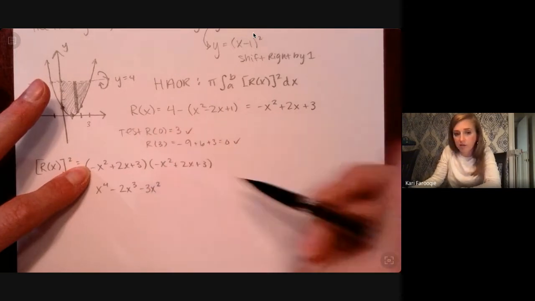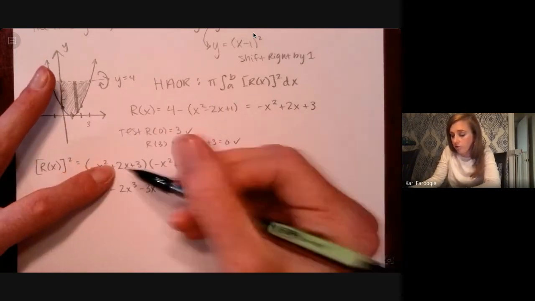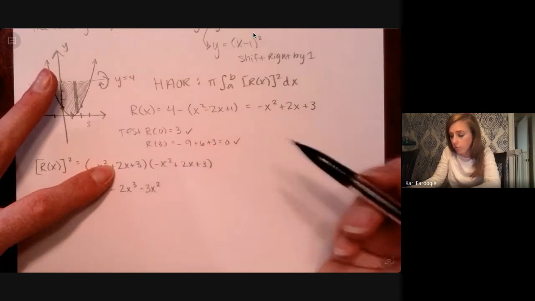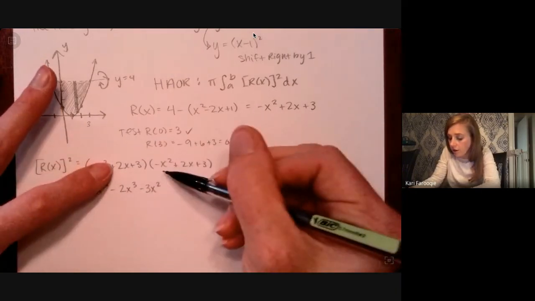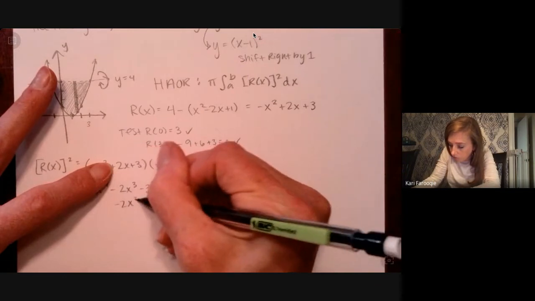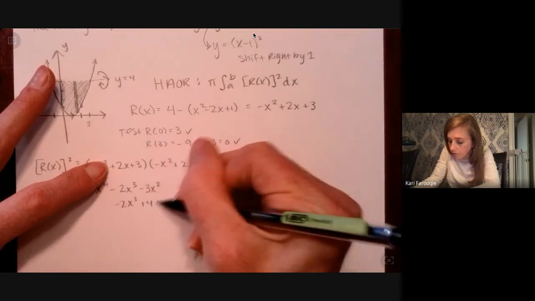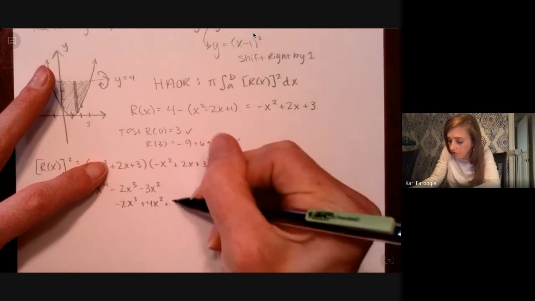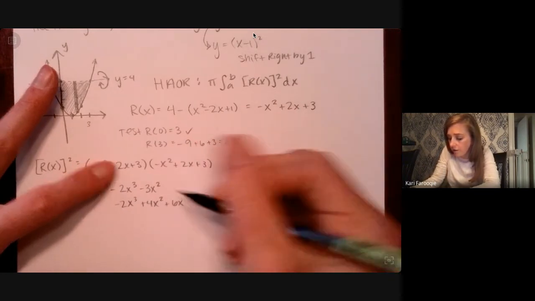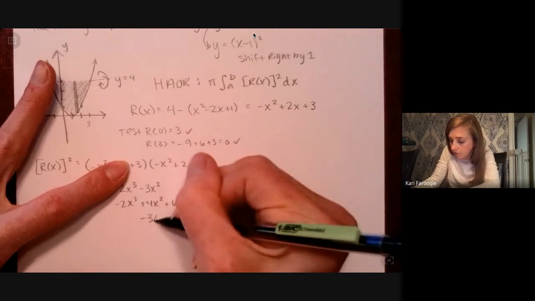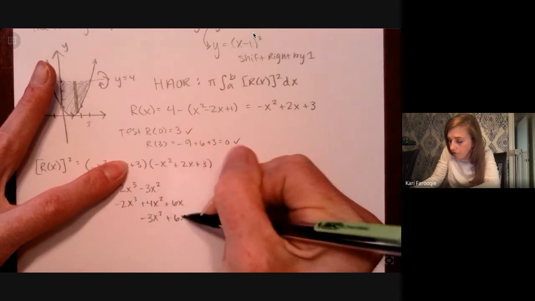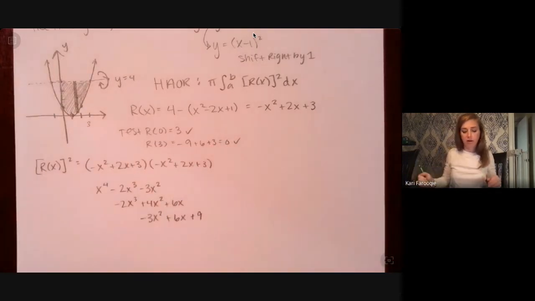I kind of like to add these up vertically. So as I move my way into the second term, I'm going to focus on doing that. Negative 2x cubed, positive 4x squared, and positive 6x. And then negative 3x squared plus 6x plus 9.